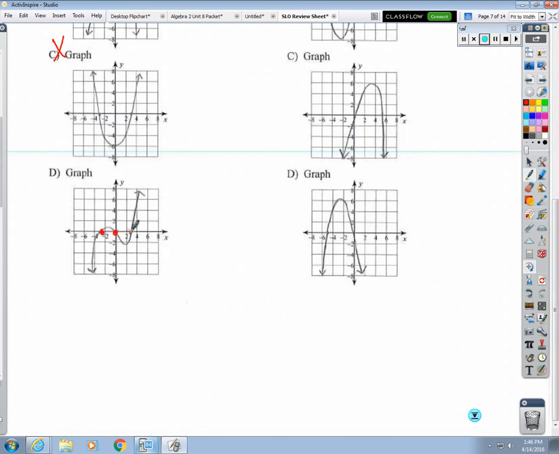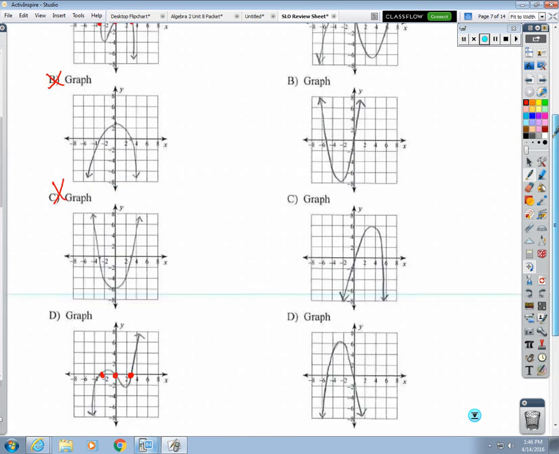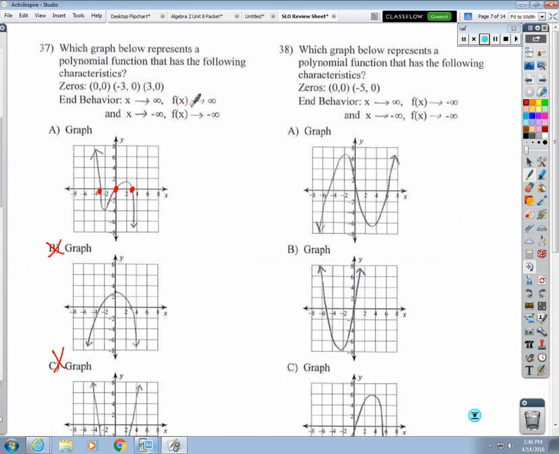The only difference is their direction. So we have to look at the end behavior. X-axis runs what directions? Left and right. So x approaches positive infinity would be which direction? Right. So x approaches negative infinity would be left. F of x is the same thing as y.